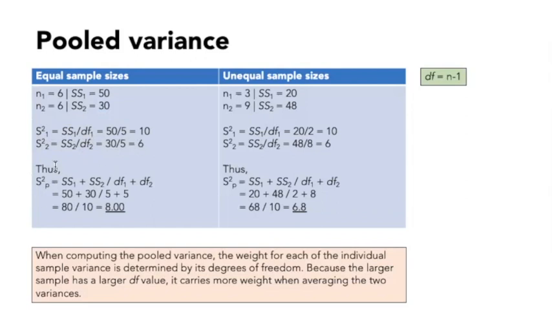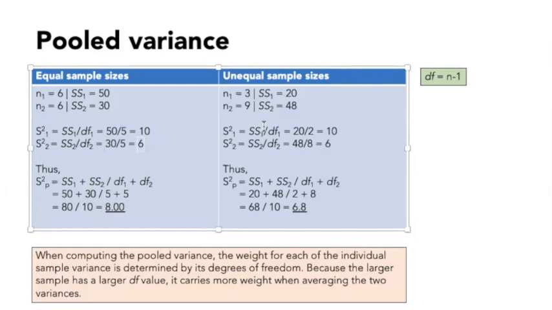Now, the pooled variance for both of these groups would be 8, the direct midpoint, because 50 plus 30 divided by 5 plus 5 is 80 divided by 10, that is 8. So the value would always be between 10 and 6, right in the middle, because both samples have equal sample sizes. The variance is 10 for one group and 6 for the other, so your pooled variance would be the midpoint.